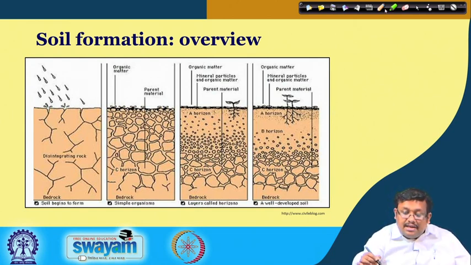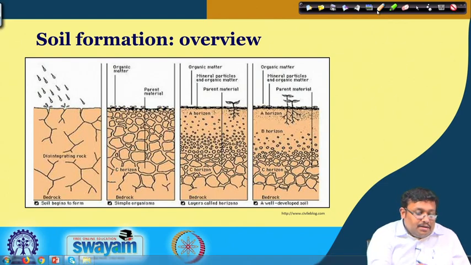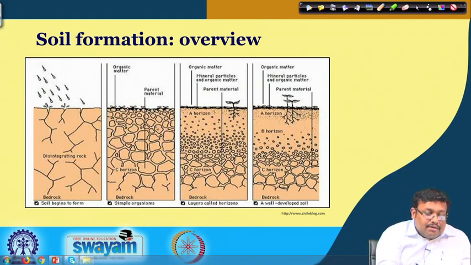As you can see here, the original parent bedrock, which is the disintegrating rock, breaks down into these smaller fragments, and these smaller fragments we call parent material.